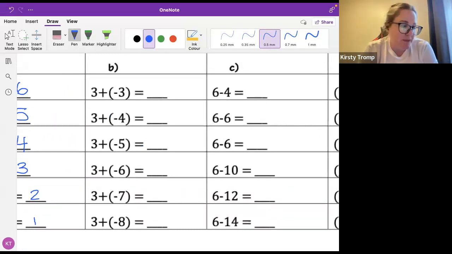Hi, ma'am. I want to know, do we go with the positive or negative? Okay, so when you see a positive sign and a negative sign next to each other, you draw a circle around them, and then you say to yourself, if the signs are different, if there's a plus and a minus, the sign will always turn into a negative.